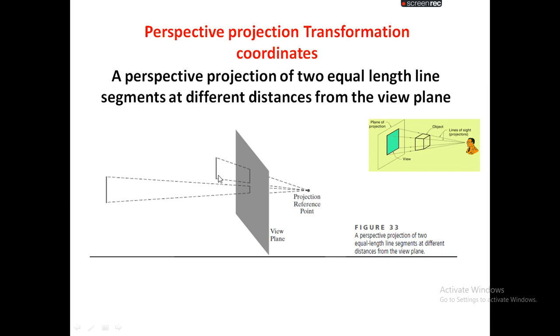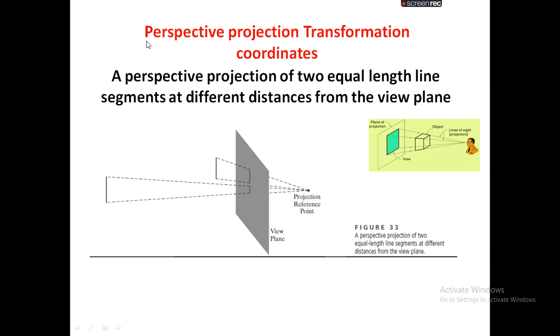First, two line segments are there; those line segments are called objects. Next, we kept the projection plane between the object and the projection reference point, meaning our camera is located at the projection reference point. Between the projection reference point and the object, we kept the projection plane.